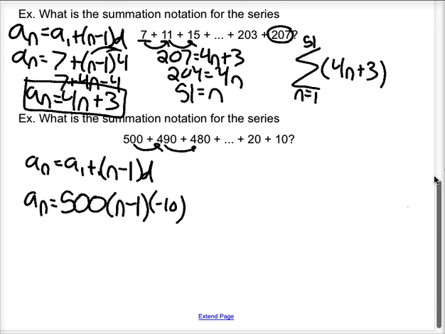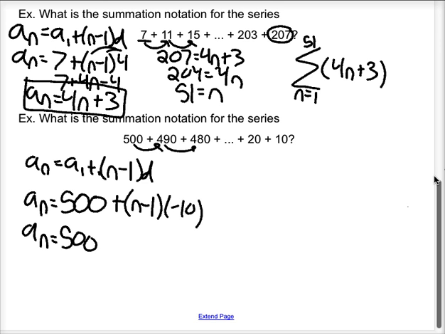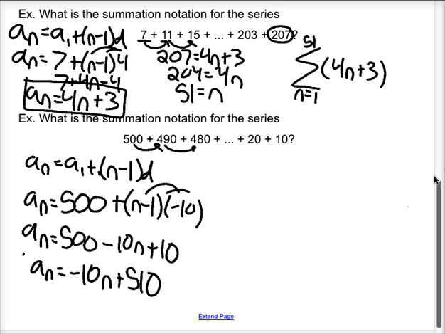Oh, and I wrote that wrong. I apologize. There should be a plus in there. All right. So I'm going to distribute that negative 10. So I'm going to have a negative 10n plus 10, because a negative 1 times a negative 10 is positive 10. So I'm going to have negative 10n plus 510.